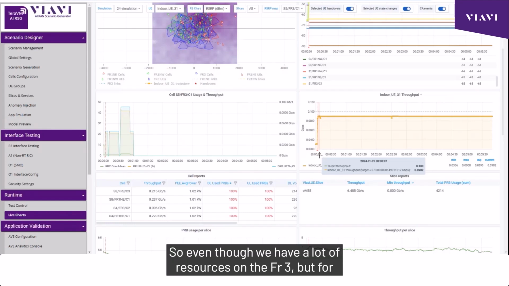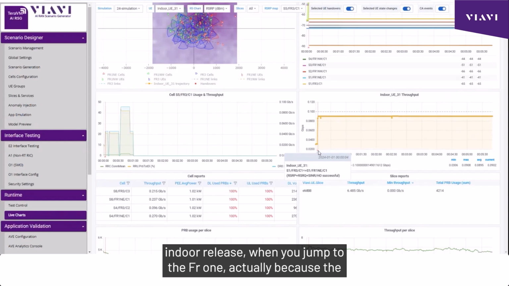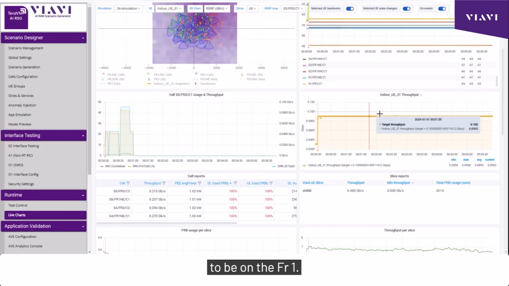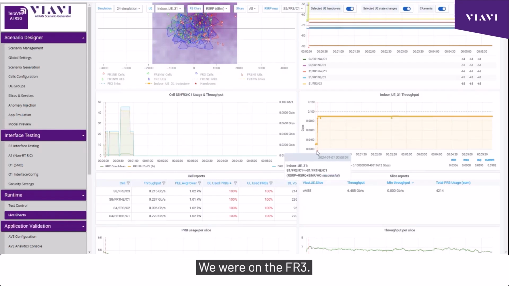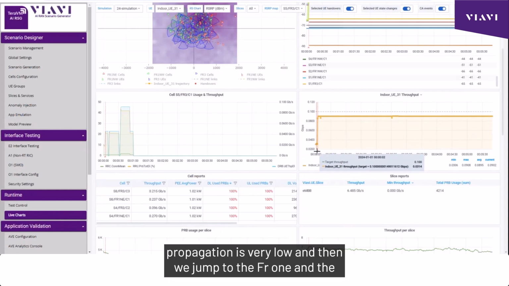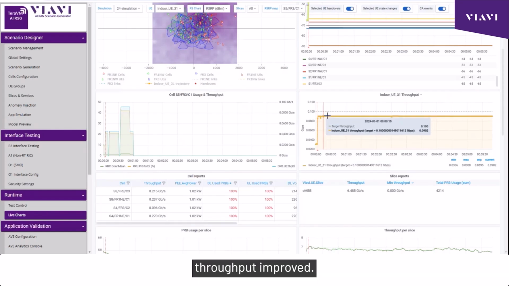So even though we have a lot of resources on the FR3, for indoor UEs, when you jump to the FR1, because the propagation is much better, in some cases it's still better to be on the FR1. And here is a good example. We were on the FR3, we had very low throughput because the propagation is very low, and then we jumped to the FR1 and the throughput improved.